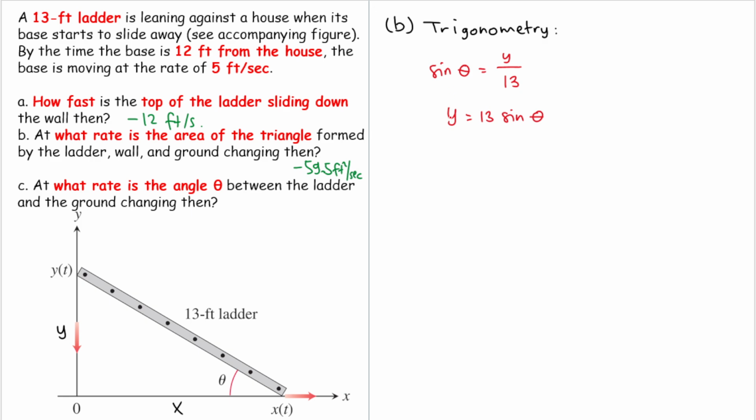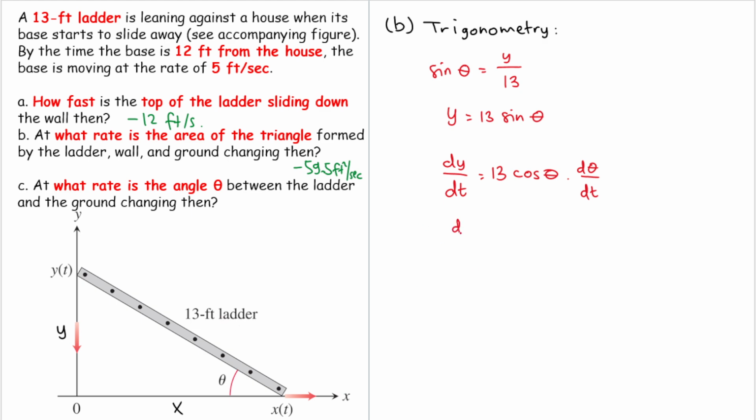And we can get the rate of change of y, dy/dt, which is equal to 13, and the derivative of sine is cosine of theta. But by the chain rule, we need to multiply this by d theta over dt. But then what is cosine of theta? Cosine of theta is the adjacent divided by the hypotenuse.